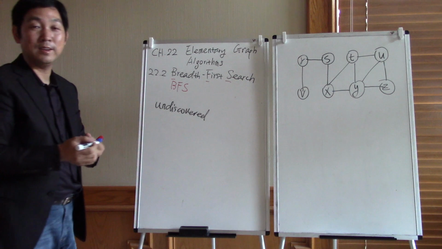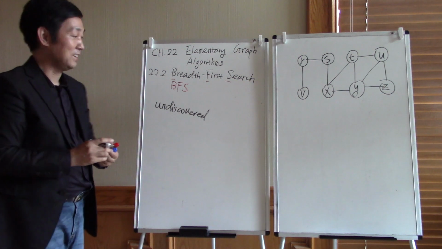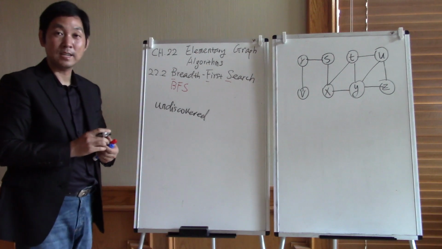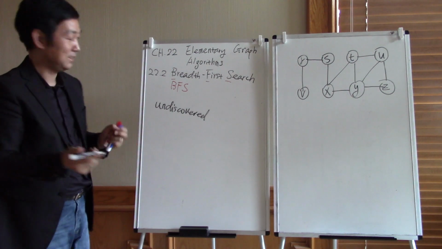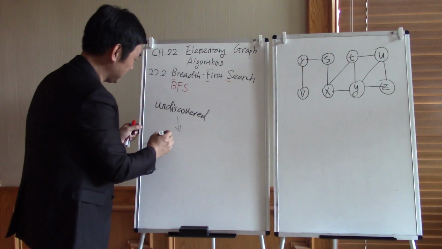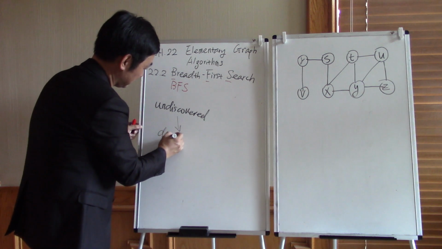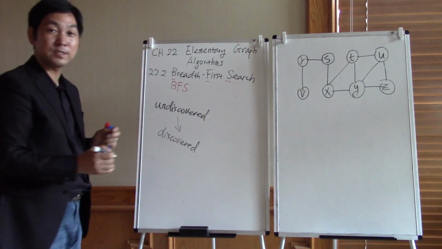So before you see a node, we say that this node is undiscovered. And at some point, you are going to discover a node, but then you have not really checked out all its neighbors yet. And if that's the case, then we'll say the node becomes discovered, but not finished.